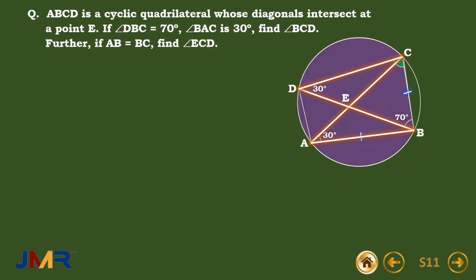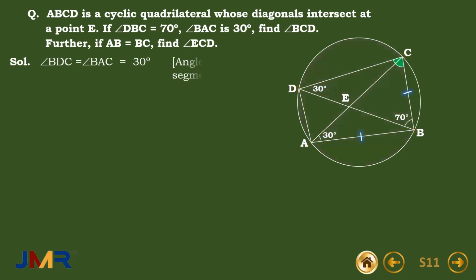So, angle BDC is also 30 degrees. Why is it 30 degrees? Can you guess? Since angle BAC is 30 degrees, angles in the same segment are equal. Angle BDC is also 30 degrees. Up to here clear?